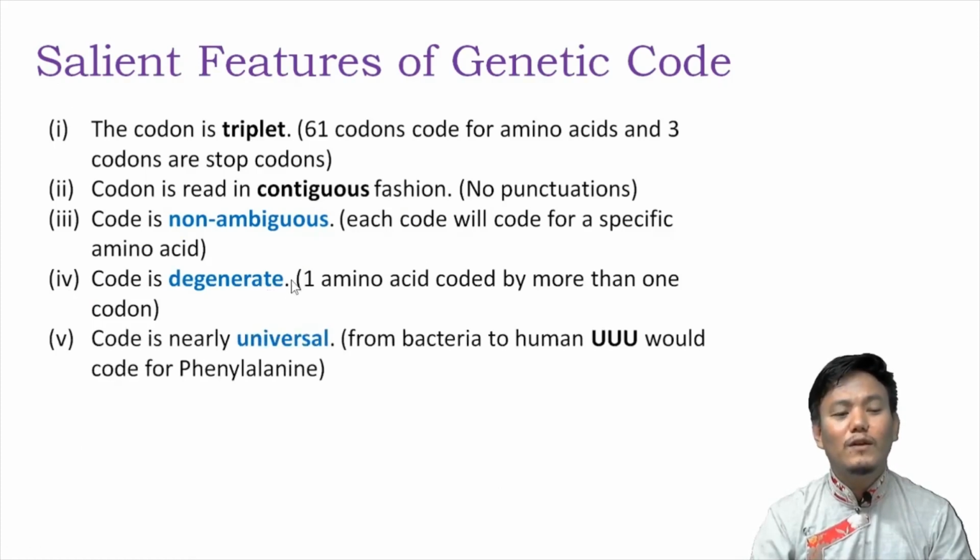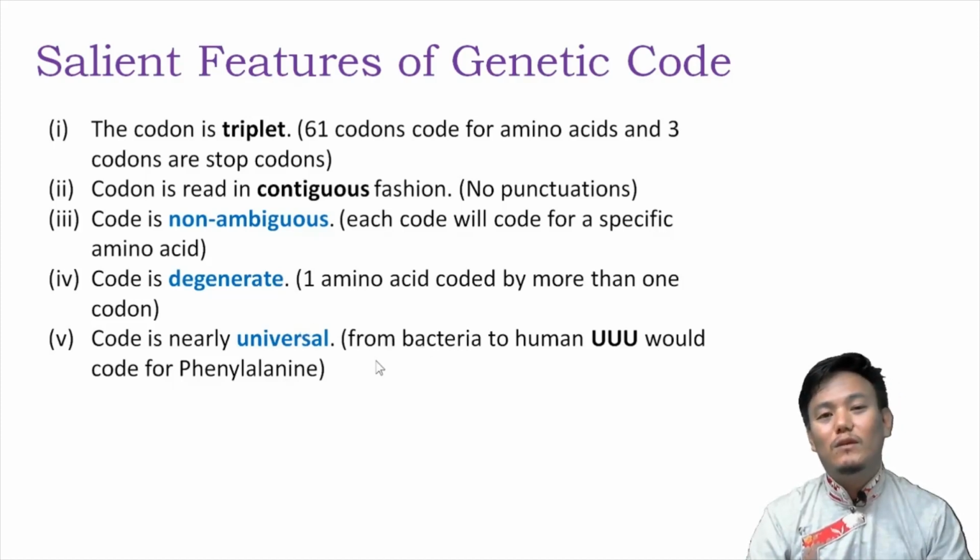The fifth one, the code is nearly universal. The code is almost universal. What it means is, from bacteria to human, the codon UUU would code for phenylalanine. In bacteria, if you have this particular codon UUU, it will code for phenylalanine.